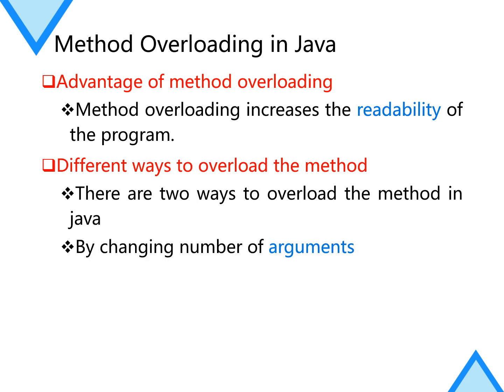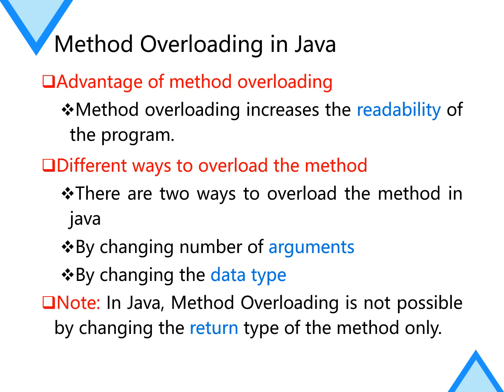The first way is by changing the number of arguments, keeping the same method name. The second option is to change the data type of the parameters. It should be noted that in Java, method overloading is not possible by changing the return type of the method only.